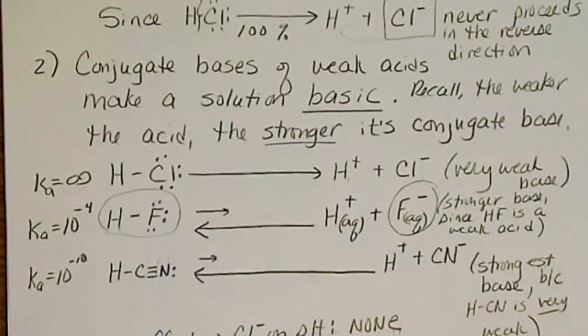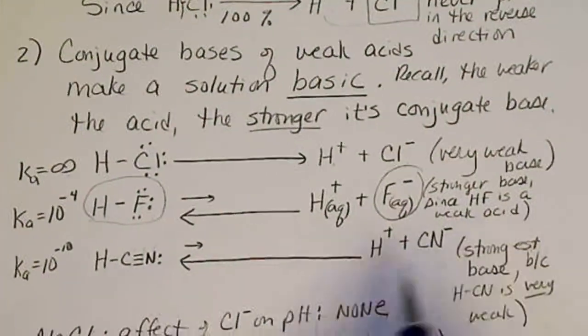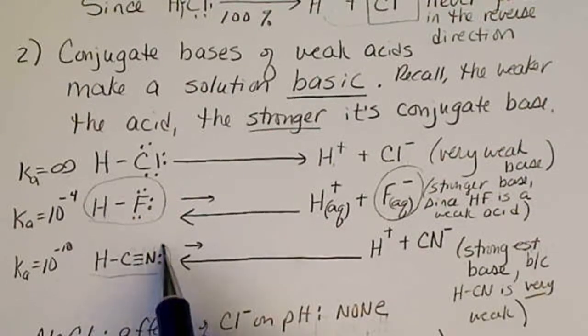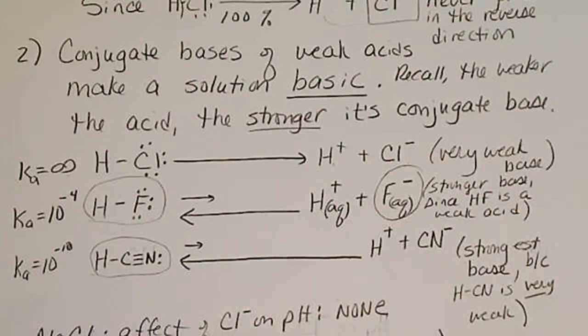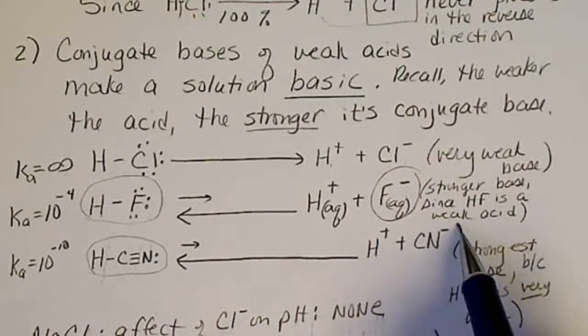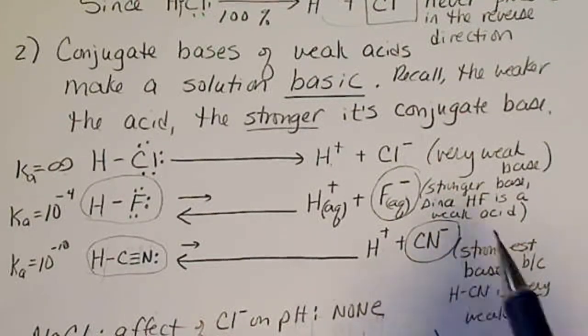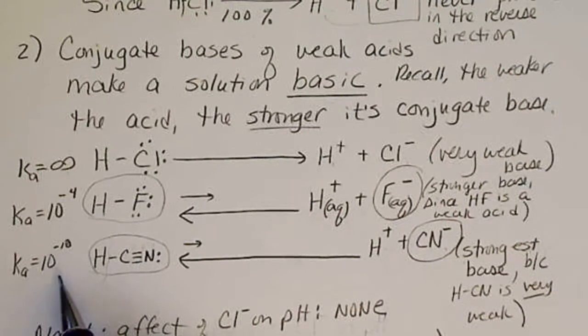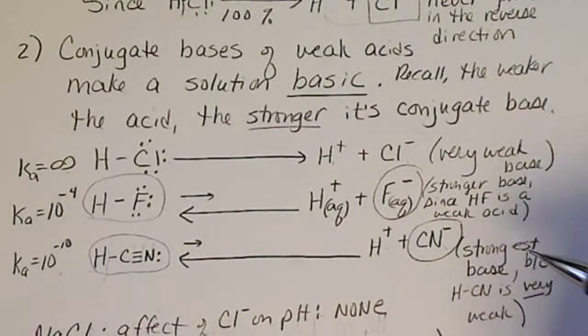It mostly lies to the left. The hydrogen cyanide molecule, its dot structure looks like this. Only a small percentage of that molecule breaks apart to form the acidic proton.